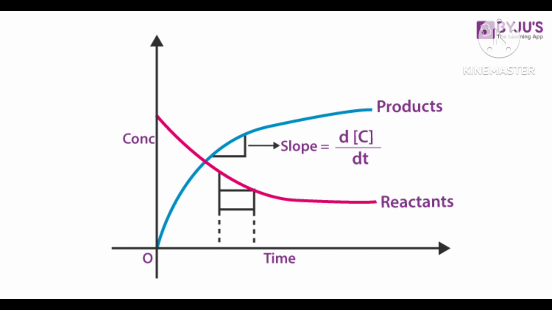Second thing, the extent to which a reaction will proceed can be determined from chemical equilibrium. How much reaction will take place can be determined from chemical equilibrium.